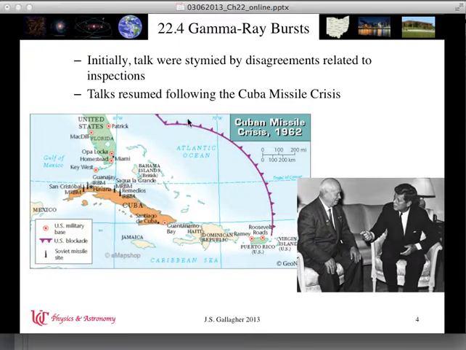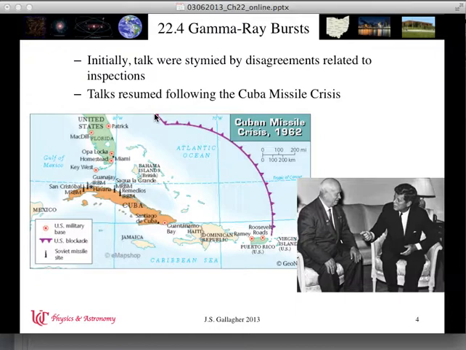This brought the Soviet and American militaries in close contact to one another, and in fact, one American boat was actually destroyed. There was actually a violent confrontation, and so both countries were very close to being on the edge of nuclear war.